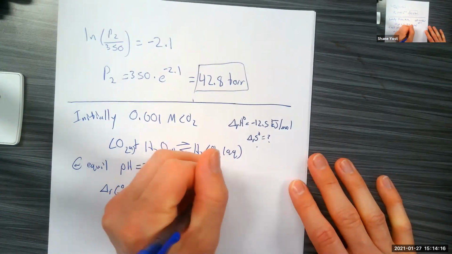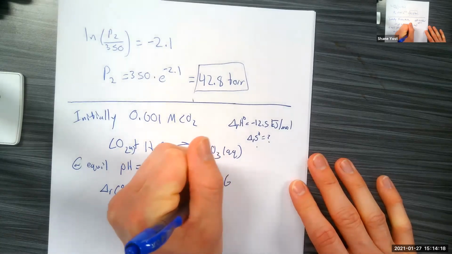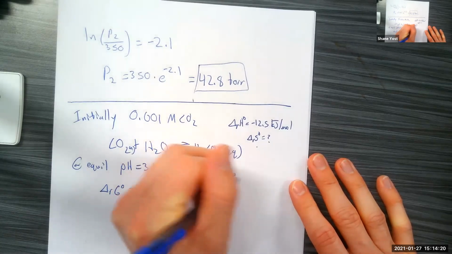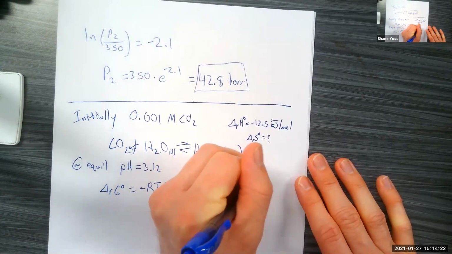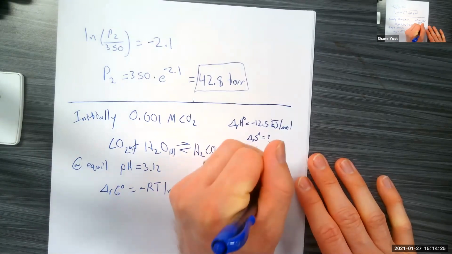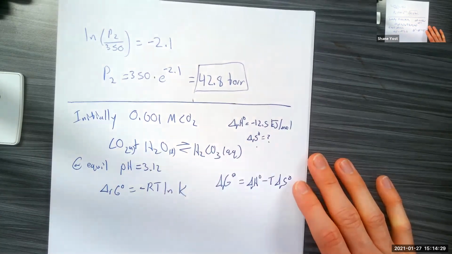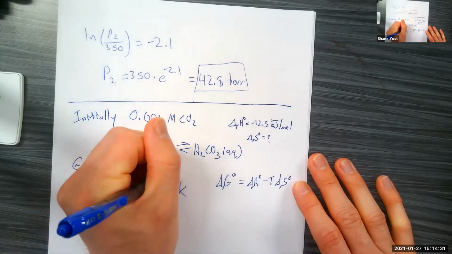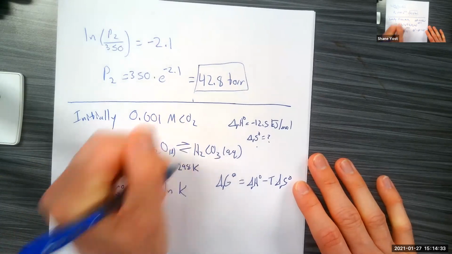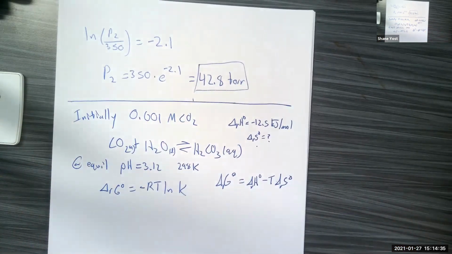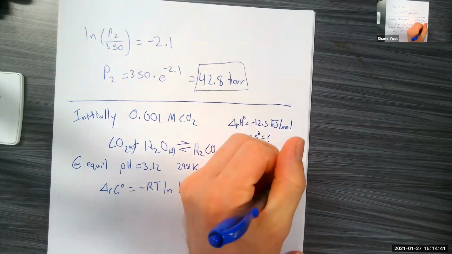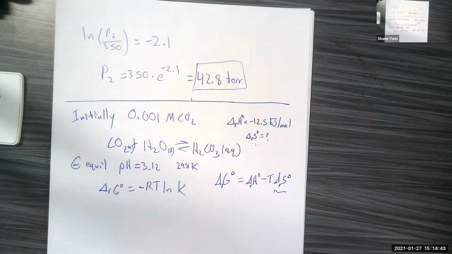And then I also know that the standard free energy change for my reaction is related to delta H of the reaction minus T delta S of the reaction. And again, this is all taking place at 298 Kelvin. So this shows me how I can get to my unknown, delta S of the reaction.